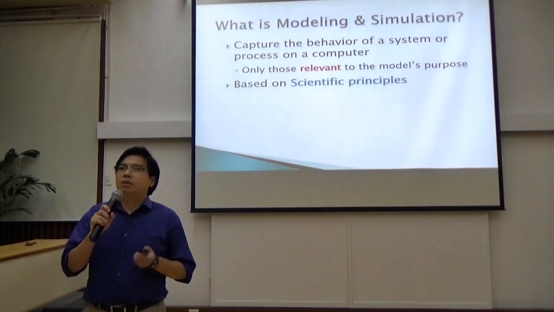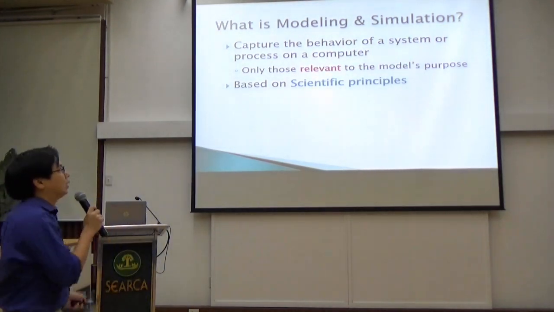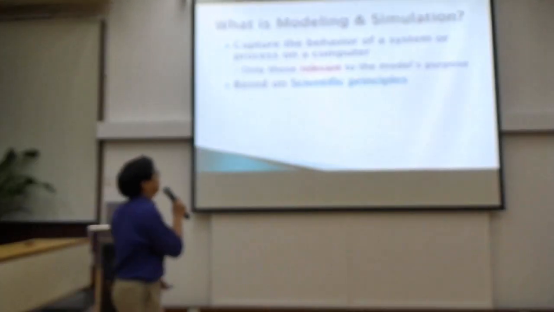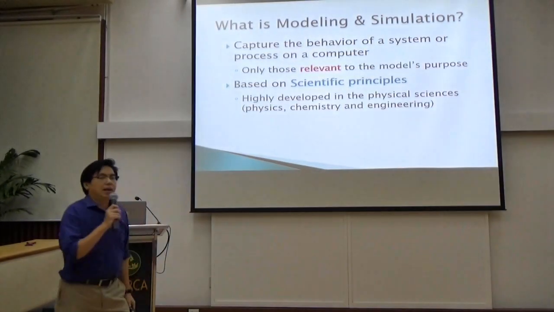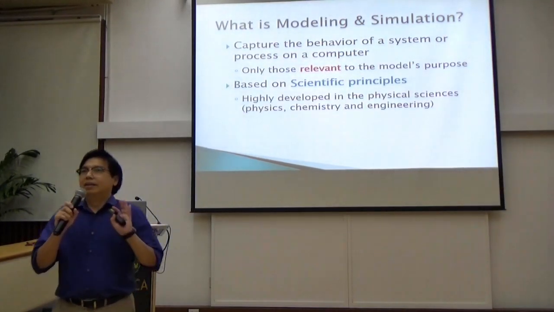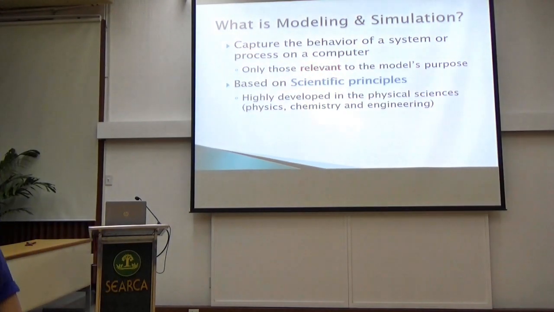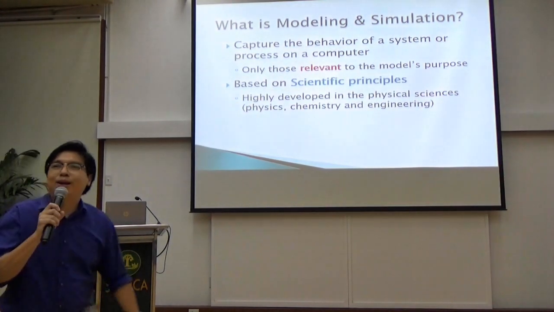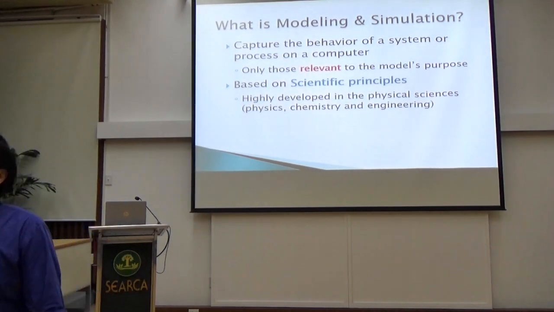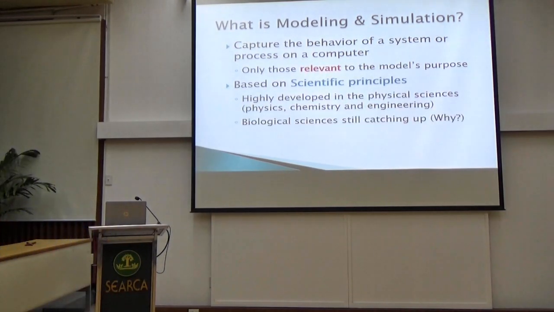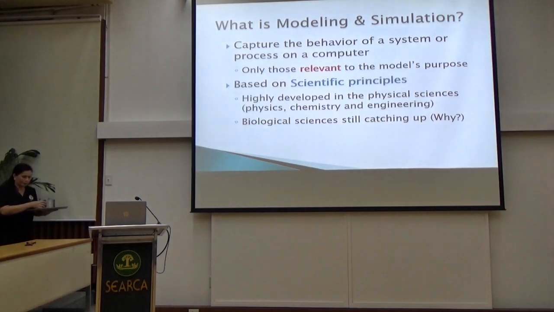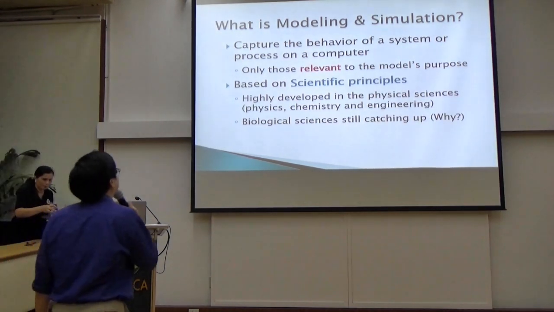Usually when you do modeling, especially in the sciences, you base it on scientific principles. And it's highly developed in the physical sciences. In the biological sciences, what do you think? Still catching up.